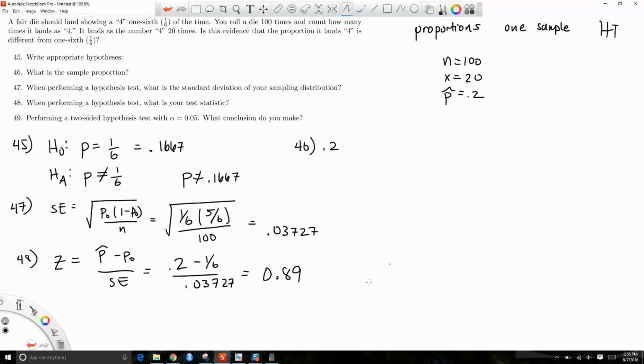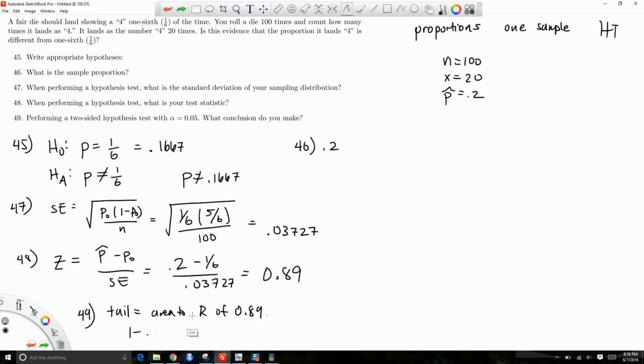Okay, all right, so my z is 0.89, and then we would want to look up our p-value, okay? So we're going to look up 0.89, and we're going to do our tail area. Because z is positive, it's going to be the area to the right of 0.89, okay? Wait, no, I'm sorry.